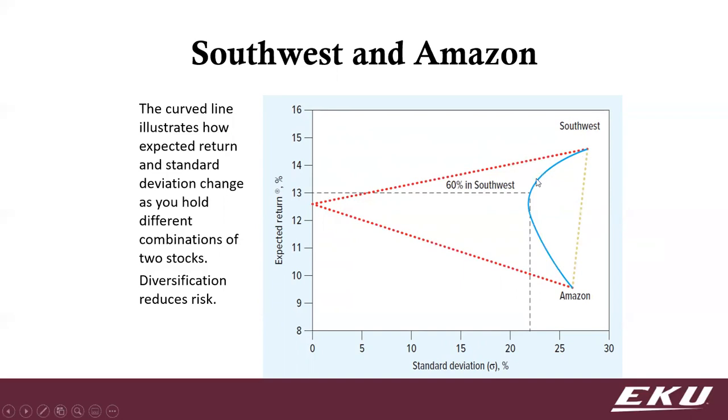And you see here, this shape, it's sort of like the arc of a boomerang. If you've ever seen somebody throw one and it goes up and it arcs and it comes back, that type of curve. And so where we're going to be on this is 60% Southwest, 40% Amazon, right? So we're closer to Southwest.